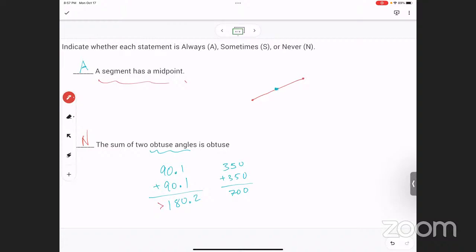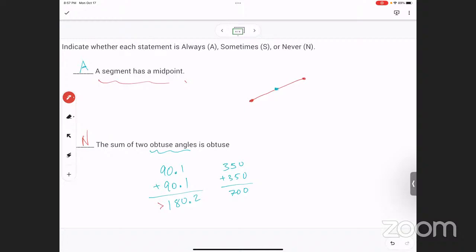So the definition of a segment is a line that ends at both ends. It's not a line because a line doesn't end. It's basically a finite line on both ends. And since it's finite, there is a midpoint.